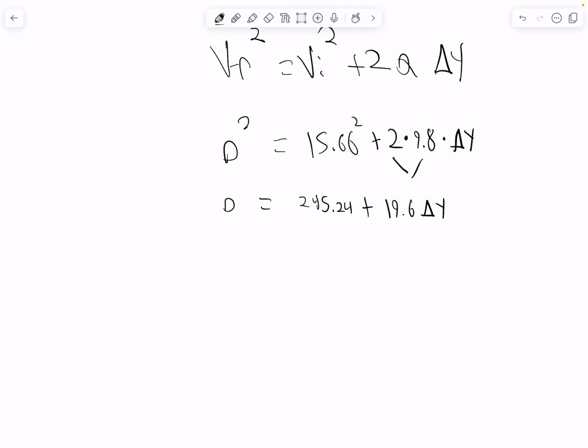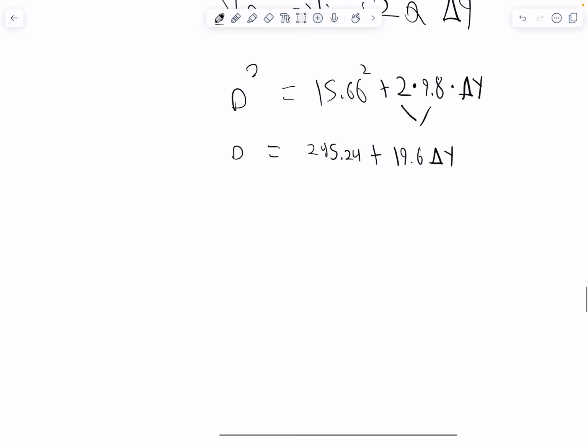To get rid of the plus 245.24, we subtract it. Whatever we do on the right, we do on the left. So then we get negative 245.24 equals 19.6 delta y.